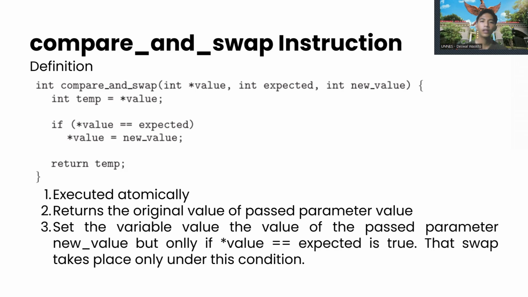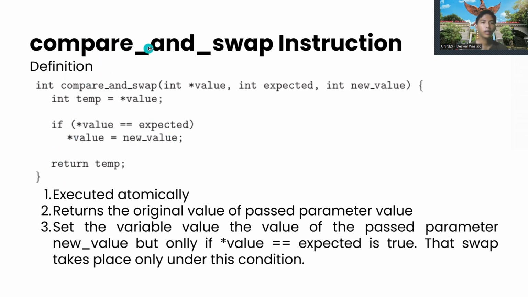Okay, and then the compare and swap instruction. The main function is that it compares the value of a memory location with the expected value. If the value is equal to the expected value, then it is replaced with a new value. Okay, this is the syntax of the compare and swap instruction.